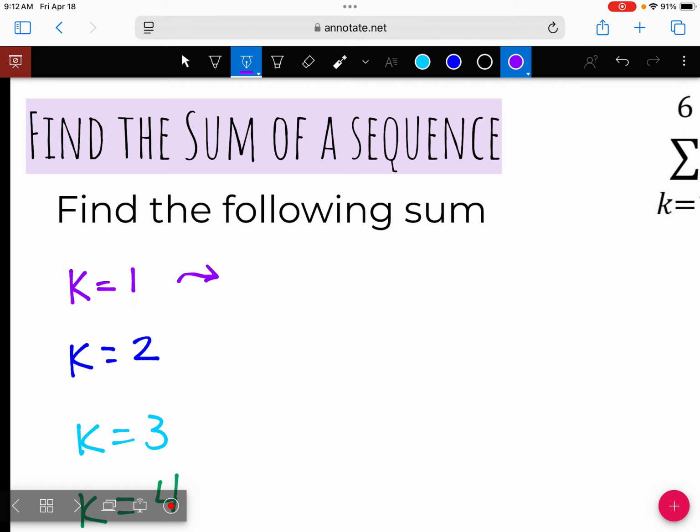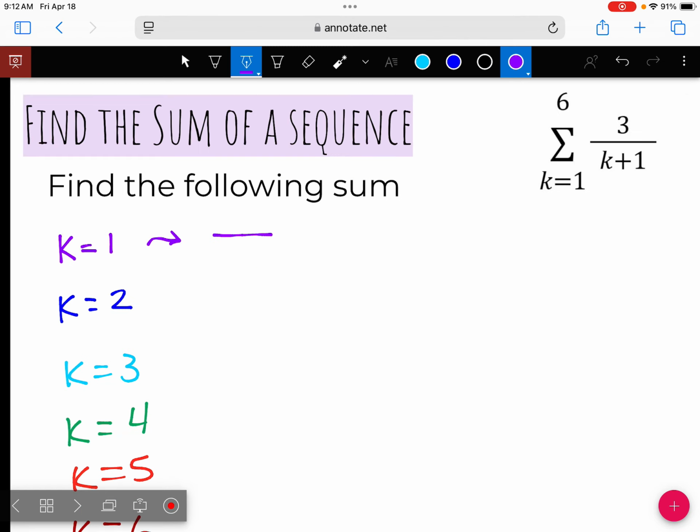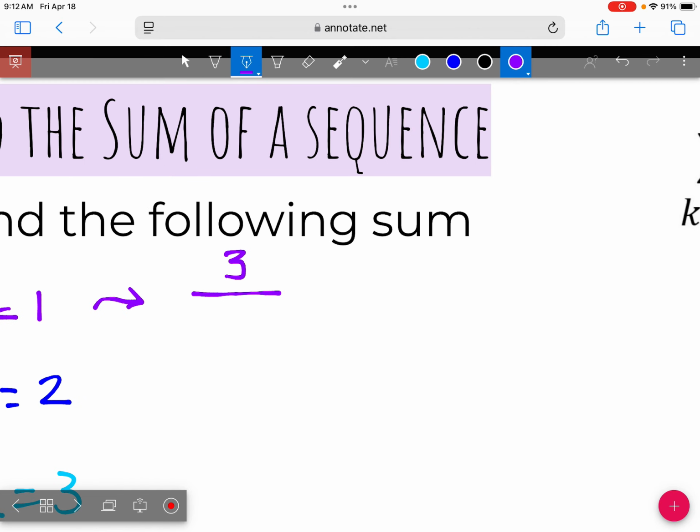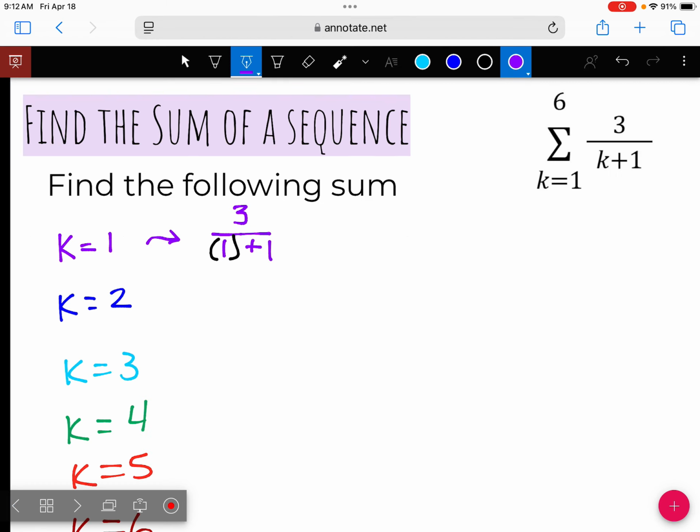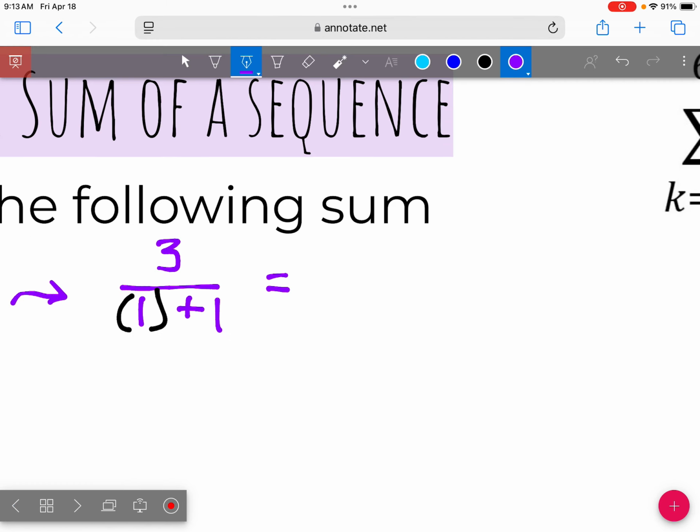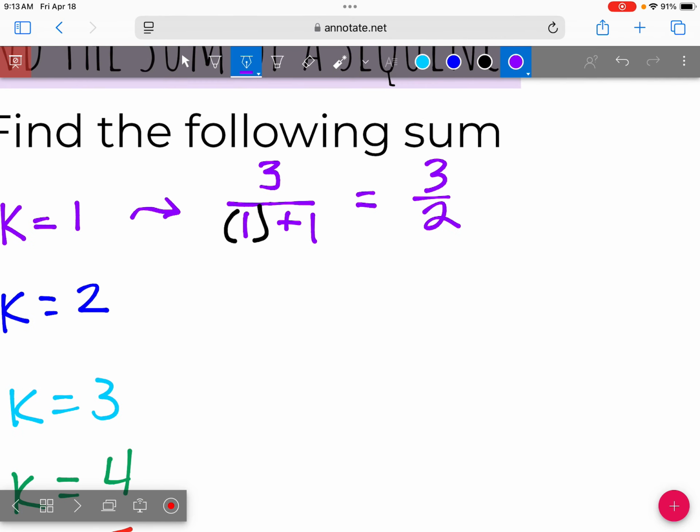So for k equals 1, we're substituting it in. We've got 3 over the 1 that we're substituting in, plus 1. So this one gives us 3/2. What's this one going to give us?